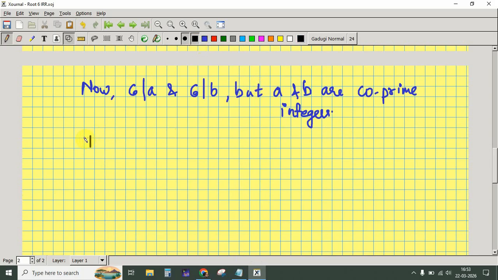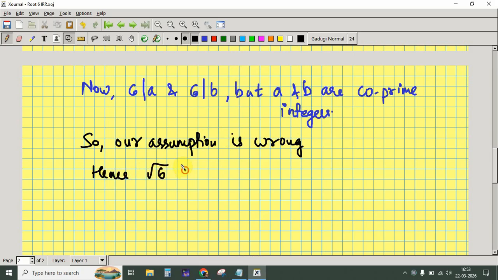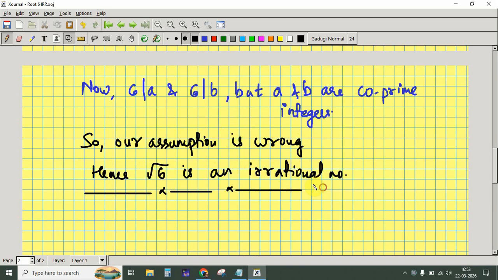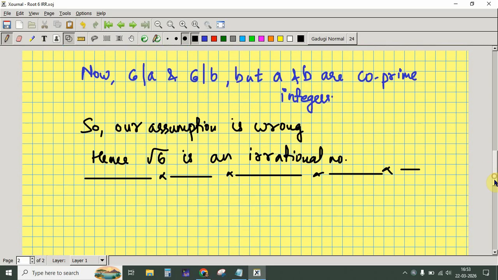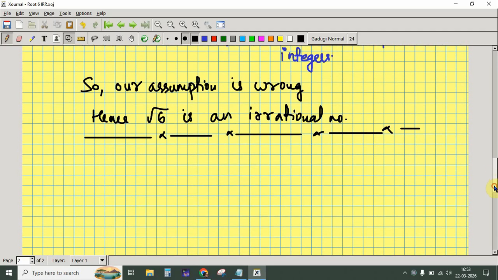Hence our assumption is wrong. Hence, root 6 is an irrational number. This is the proof for a composite number, showing that a composite number is irrational.